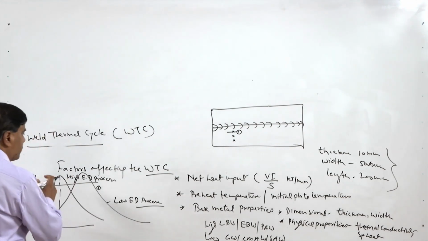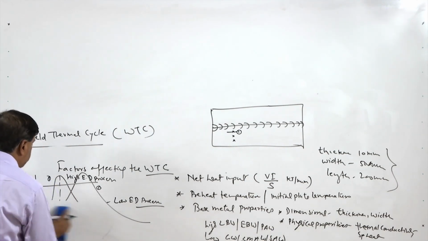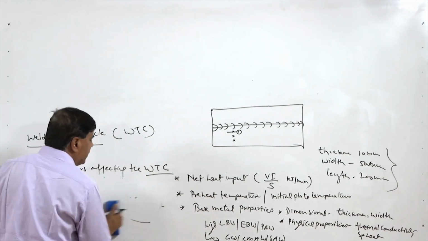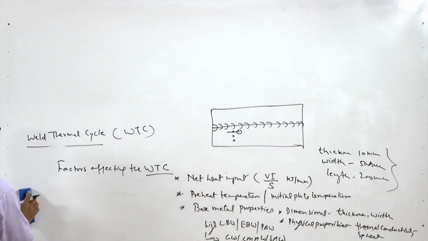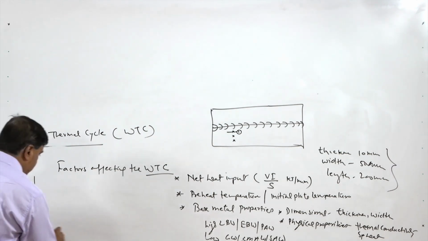If this point is further away from the fusion boundary, then we will see that in case of high energy density processes, the peak temperature rise is less if the point is further located away, like say here.